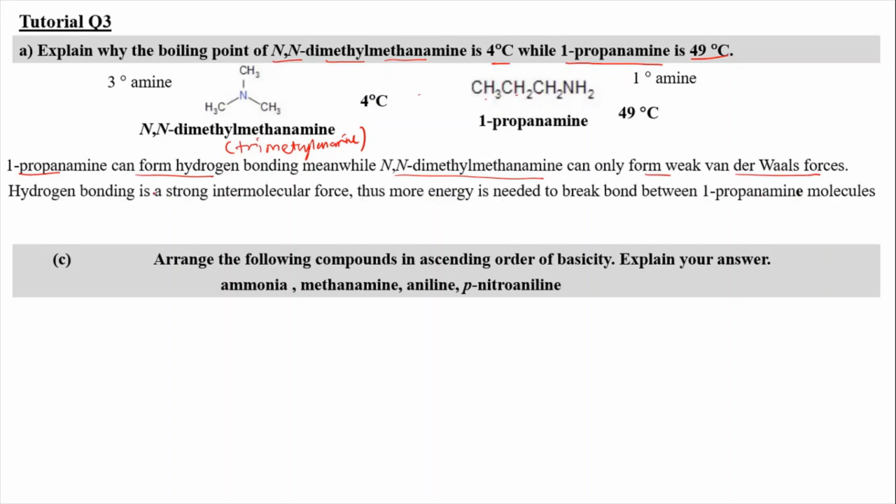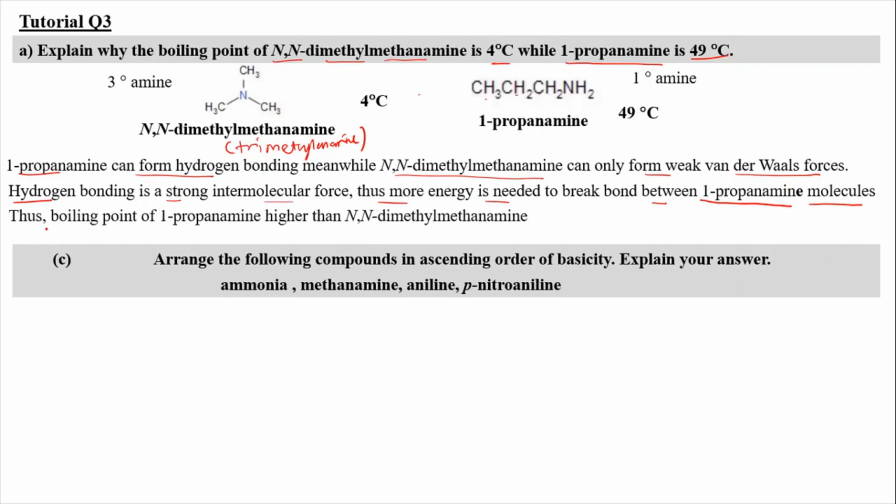Okay, and hydrogen bonding is a strong intermolecular force. Thus, more energy is needed to break the bond between 1-propanamine molecules because it is an intermolecular force between molecules. And hence, you can say that the boiling point of 1-propanamine is higher than N,N-dimethylmethanamine, which is 4 degrees Celsius. So, we have explained why the boiling point of 1-propanamine is higher.